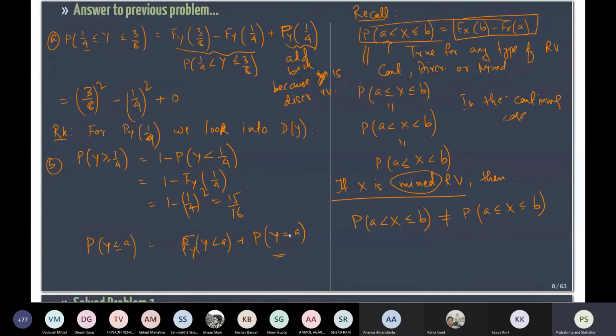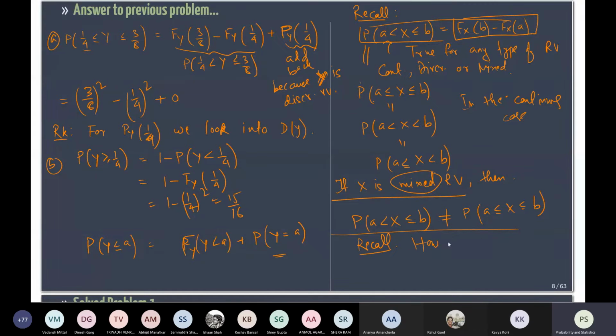So we must add back the discrete part, right? I think we have to remember it correctly. How was this defined? Recall.